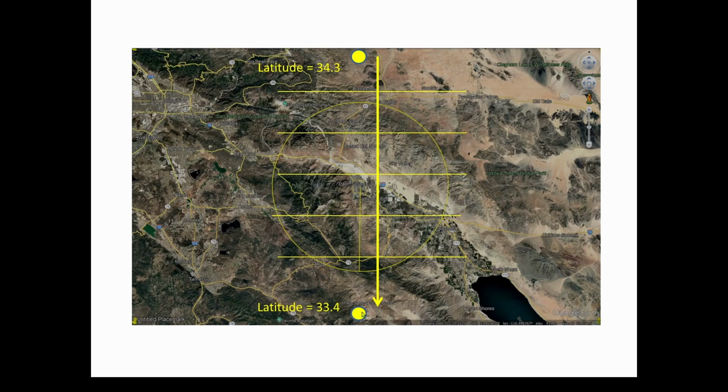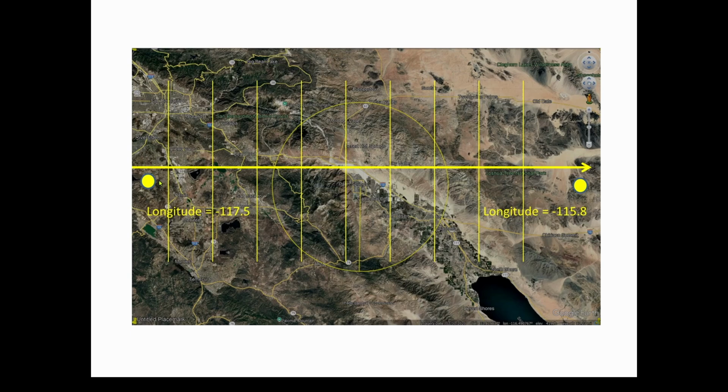Down at the bottom of the image, that's about 33.4 degrees. So we're going to somehow have to say, well, 34.3 degrees is the 0 Y value in pixels for this image, and 33.4 is the maximum Y value in pixels. So we're going to have to figure that out.